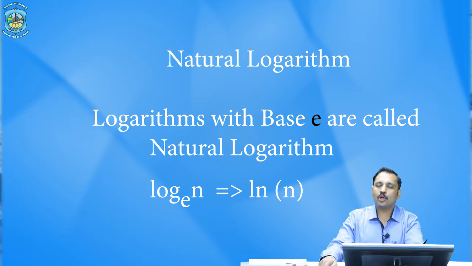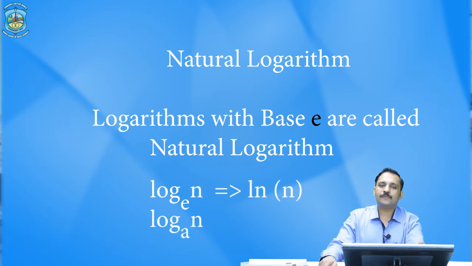It is written as log of n to the base e, and it is also written as ln(n). That means it is a natural log. The next type of log are all those logs in which the base is neither 10 nor e. That is, logarithms with base a not equal to 10 or e are called special logarithms. We write it in the form log of n to the base a, where the value of a can be any value except 10 or e.